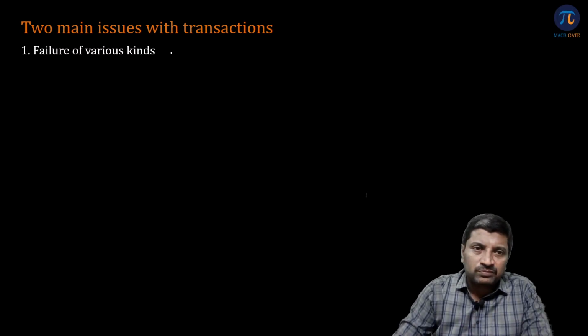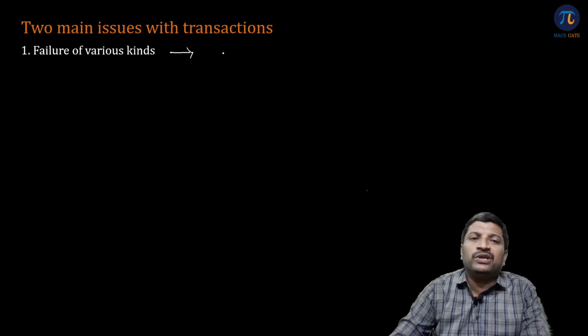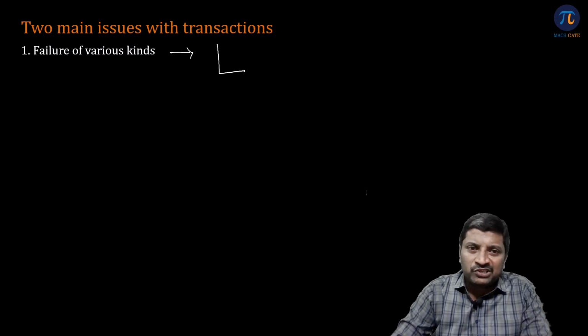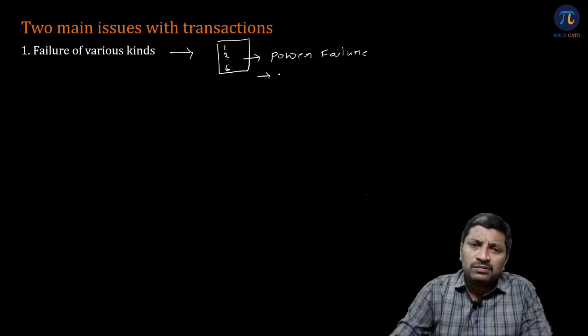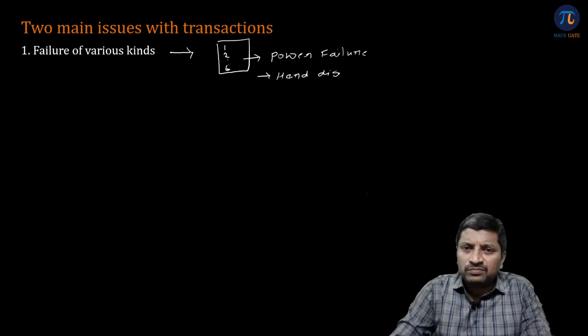Suppose you are doing a transaction which has some 6 operations. In the middle of the transaction, there may be a power failure, or there may be a hard disk failure, or you can have an operating system crash.